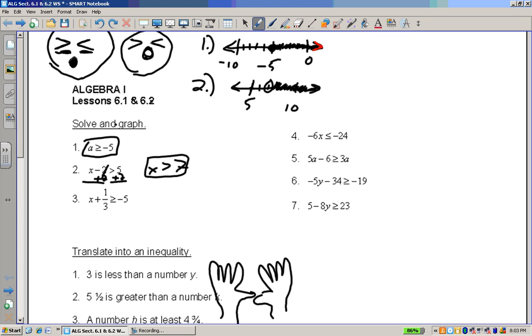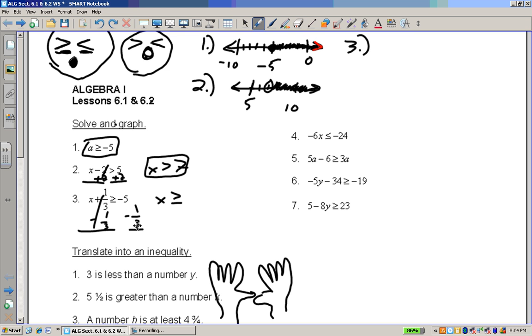Let's look at number 3. Okay, x plus 1/3 is greater than or equal to negative 5. We're going to subtract 1/3 from both sides. x is greater than or equal to negative 5 minus 1/3.